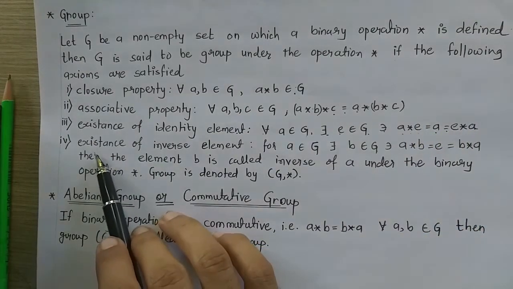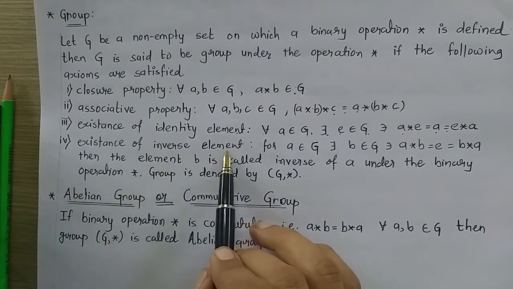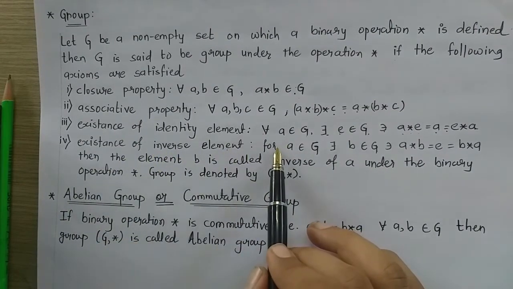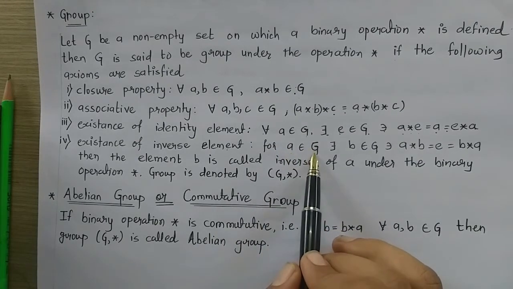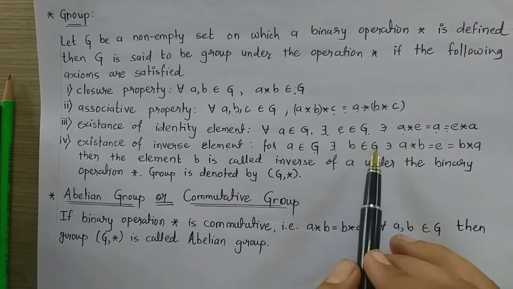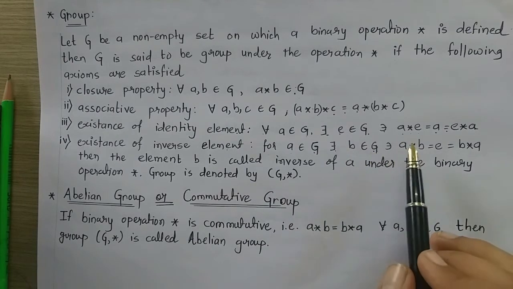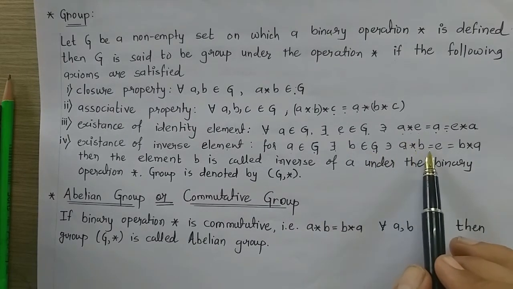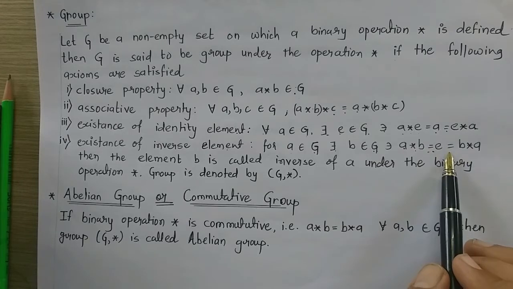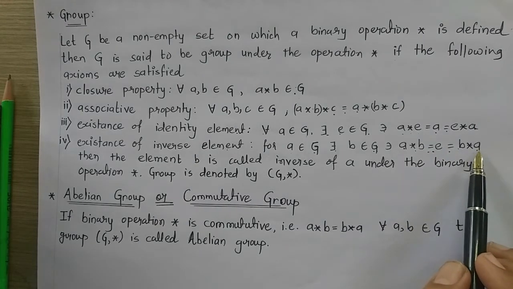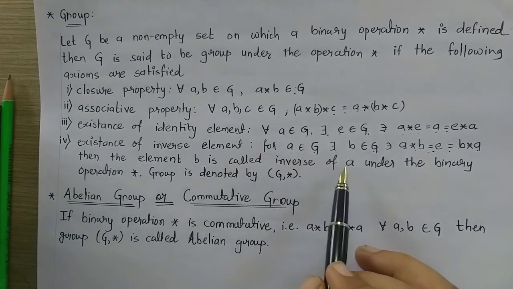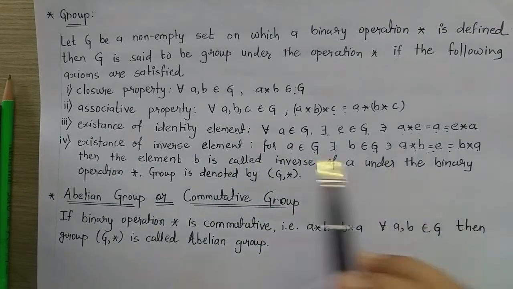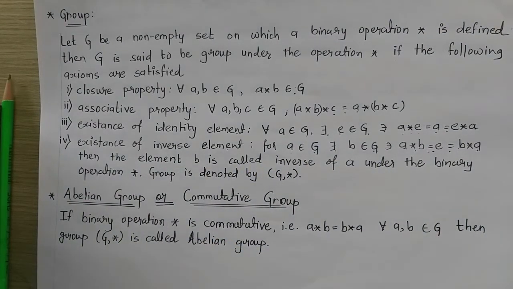And the fourth one is the existence of inverse element. That means for a particular element A belonging to G, there exists B belonging to G such that A star B is equal to E is equal to B star A. And element B is called the inverse of A under the binary operation star.